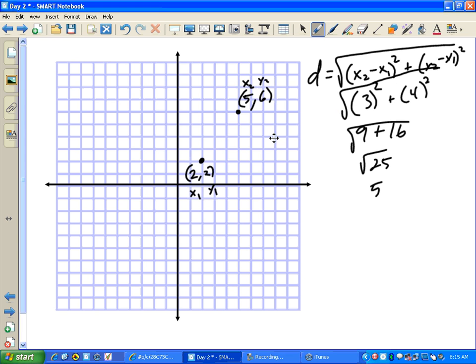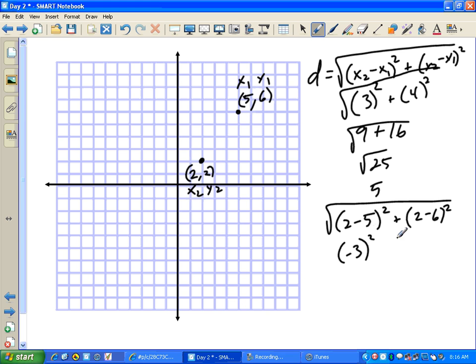One note I want to make about this is, let's say I renamed my x1, y1, and x2, y2 so that I went in the other direction. I should still get the same distance. Okay, so if I go through it this way, I'm going to take x2, which is 2, minus x1, which is 5, squared, plus 2 minus 6 squared. 2 minus 5 is negative 3.